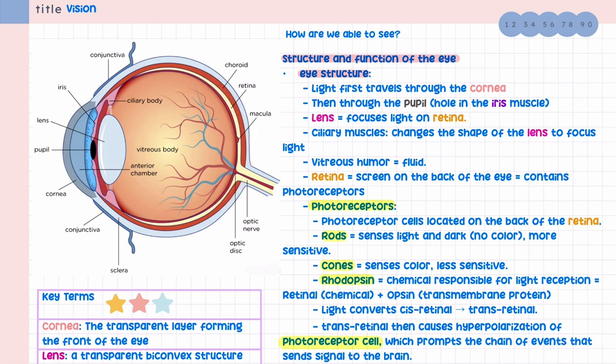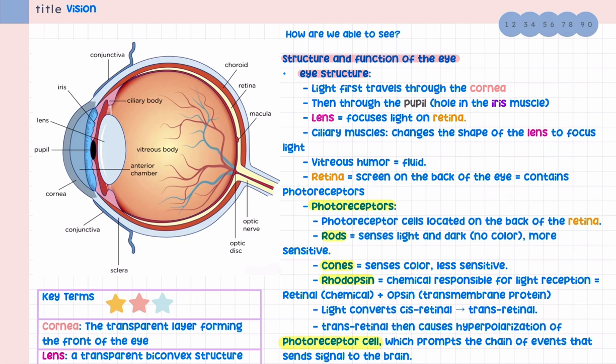It contains photoreceptors. The two photoreceptors are rods and cones. Rods can be found in our macula. Cones can be found in our macula and also inside the macula, in a pit called the fovea. The fovea only has cones, but the macula has both the rods and the cones.